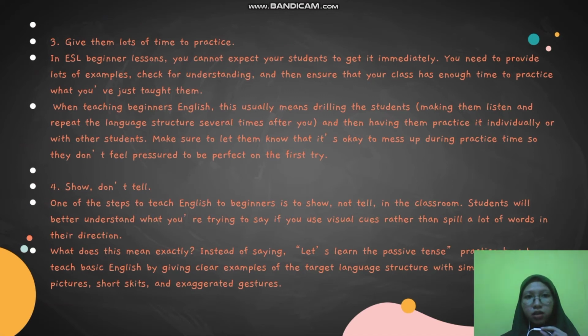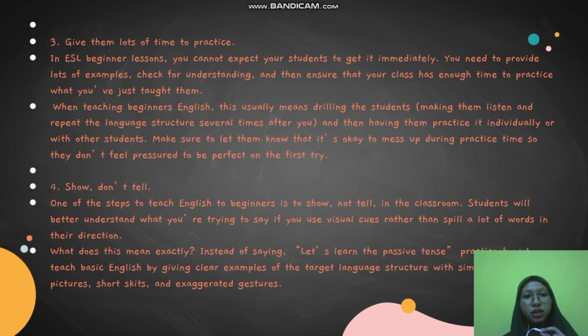Third, give them lots of time to practice. In ESL beginner lessons, you cannot expect your students to get it immediately. You need to provide lots of examples, check for understanding, and then ensure that your class has enough time to practice what you've just taught them.